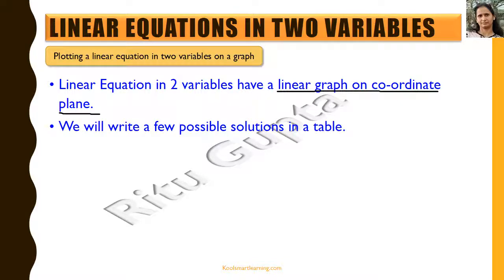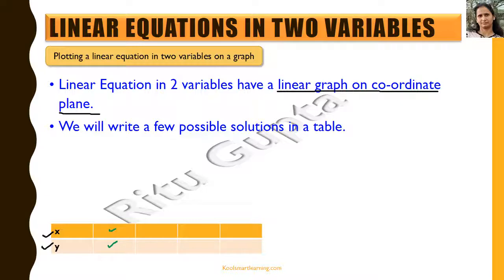Now we'll first of all write a few possible solutions of the given equation in a table where we have x and y. We have these two variables, and in each column we'll write a value of x and then find the corresponding value of y and write it below it.